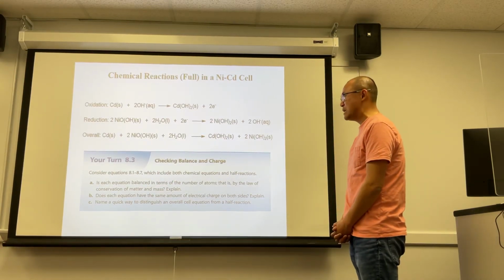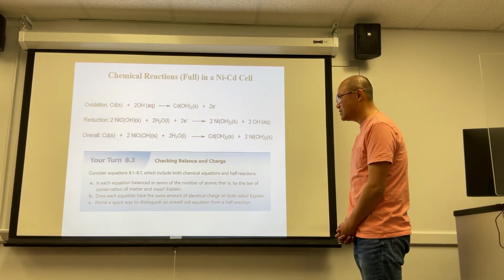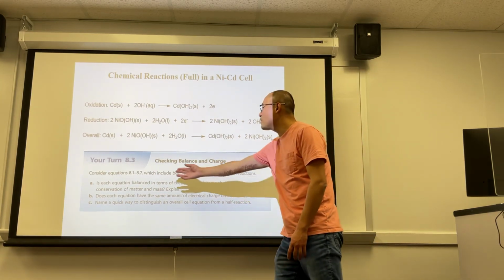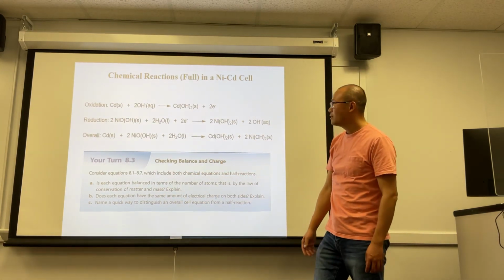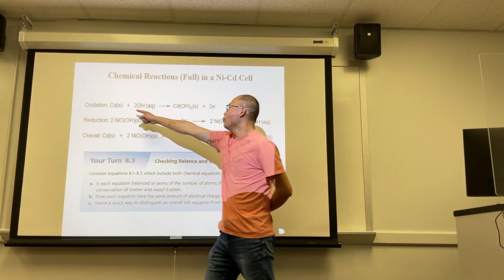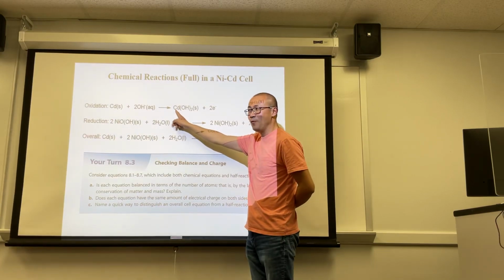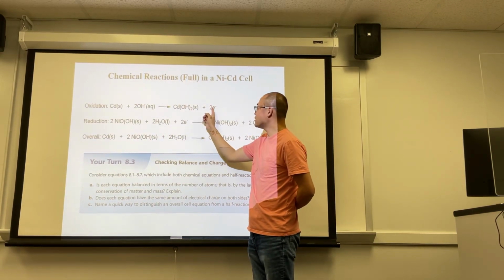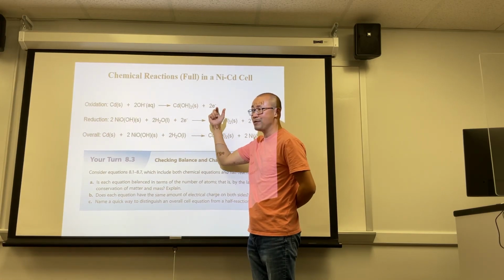Question number 8. Is each equation balanced in terms of number of atoms? That is by the law of conservation of mass. Okay, take a look at these reactions. For example, the first one. 1 cadmium, 1 cadmium. 2 OH, 2 OH. The electrons don't have mass, so we don't have to worry about the mass of the electron.